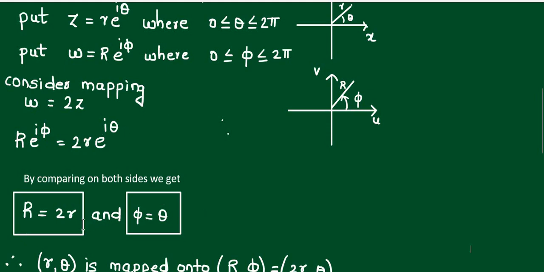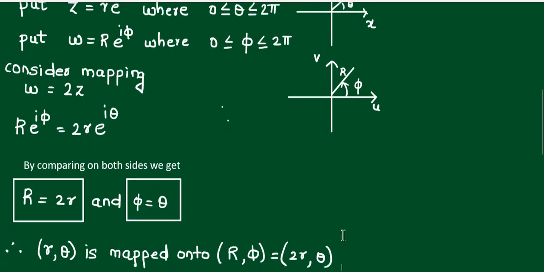That means, whatever radius we have in the z plane, in the w plane we have twice the radius. Now, whatever angle we have in the z plane, it remains the same in the w plane. There is no change in the angle, but there is change in the radius. That is, if r is the radius, in your w plane it is 2 times r.